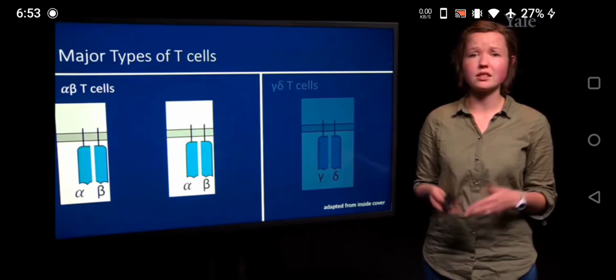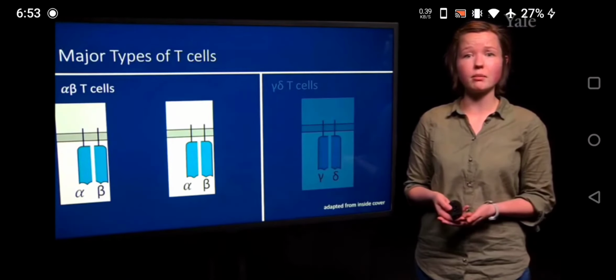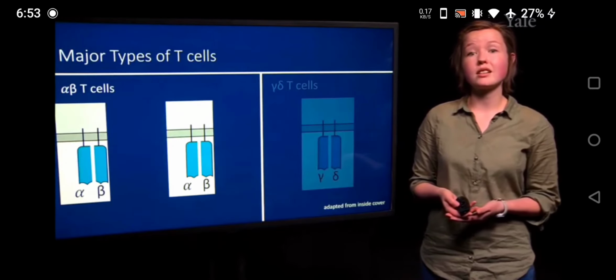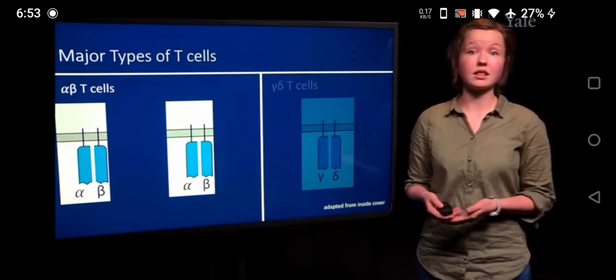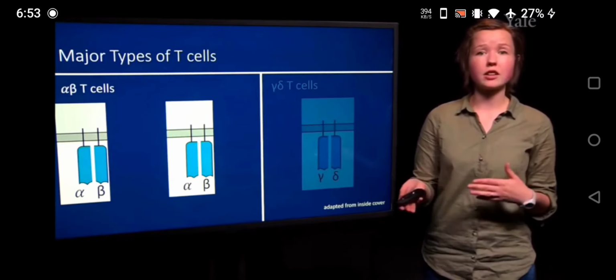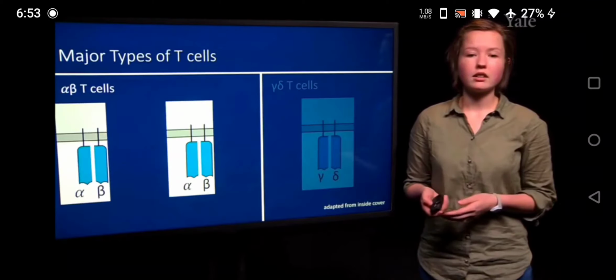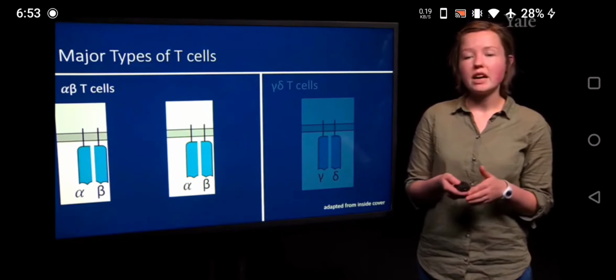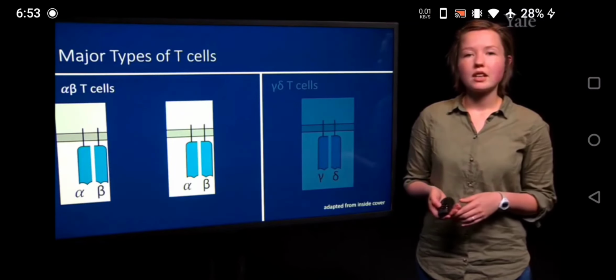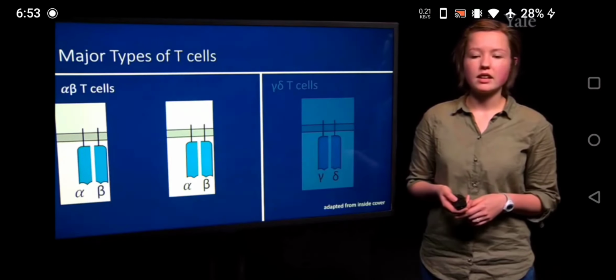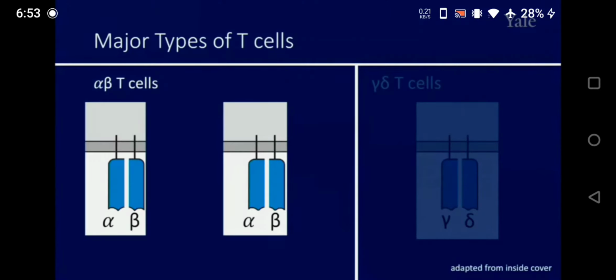Before getting into the specific stages of T cell development, it is important to understand that there are different types of T cells, and that will change the trajectory under which they go during development. So there are two major types. The first type are alpha-beta T cells, and this alpha and beta just refer to the T cell receptor chains.